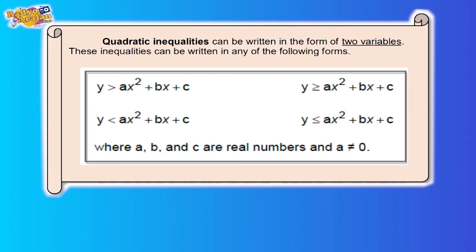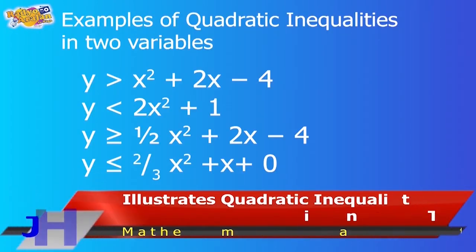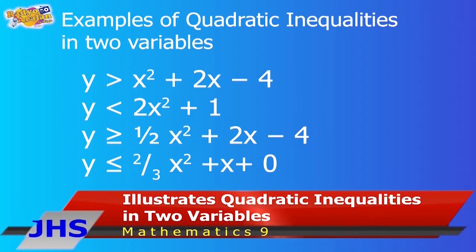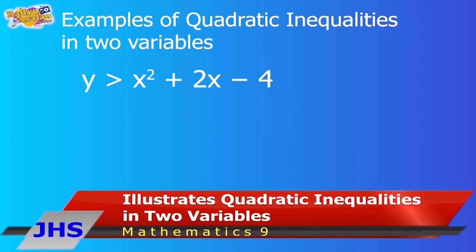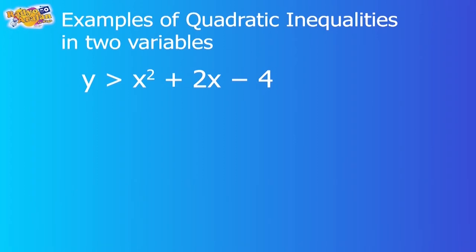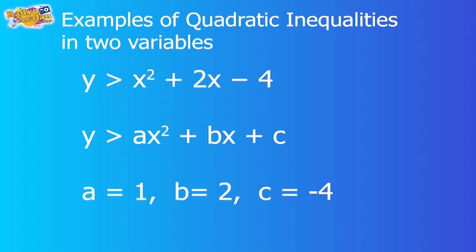You can find this on page 4 of your module. y is greater than x squared plus 2x minus 4 is in the form y is greater than ax squared plus bx plus c, where a is equal to 1, b is equal to 2, and c is equal to negative 4.